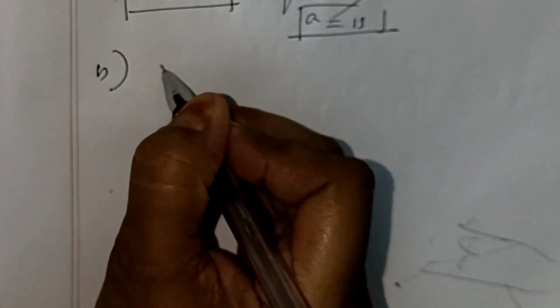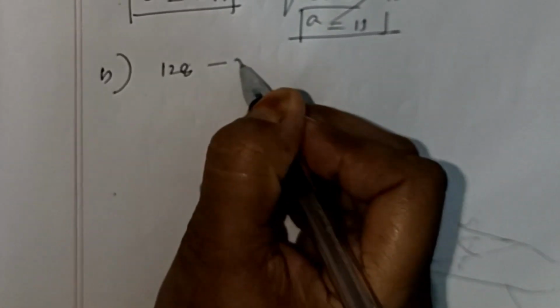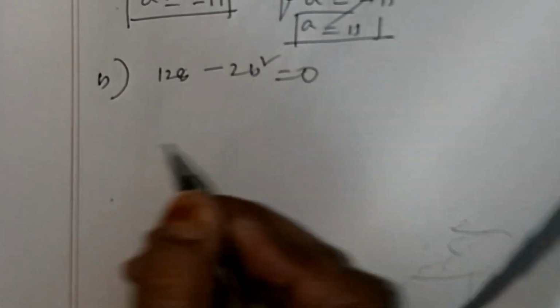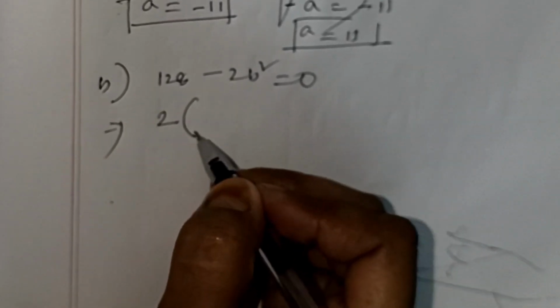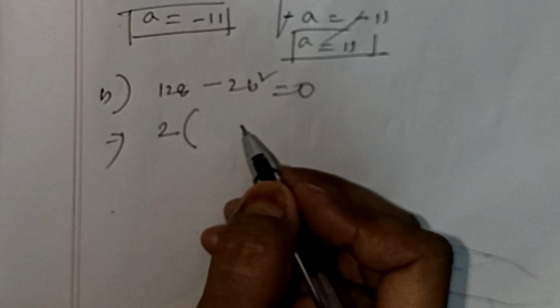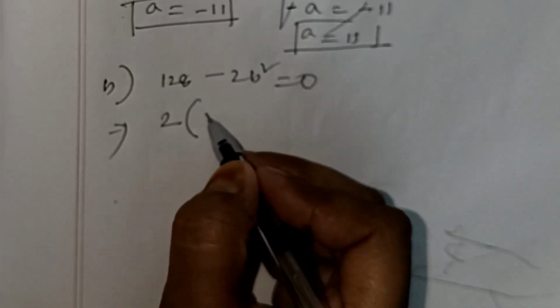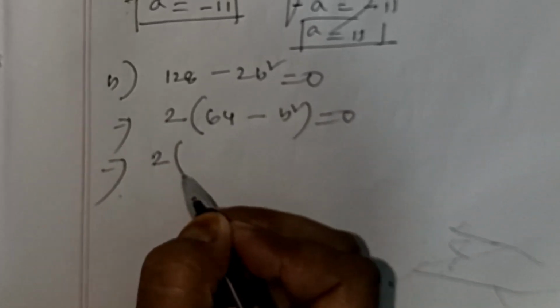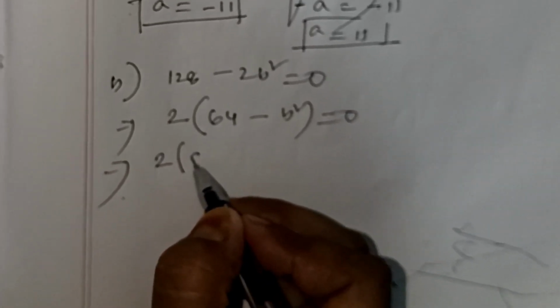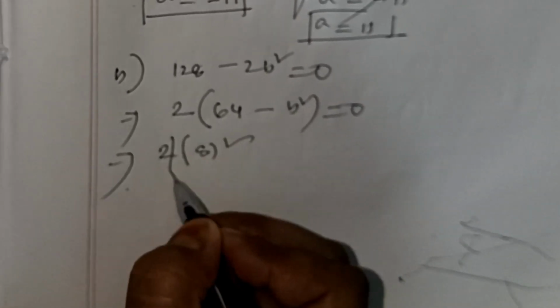Now part B, 128 minus 2b square is equal to 0. So common here is 2. So 128 divided by 2, that means 64. That's it. So 2, and 64 is broken down as 8 whole square.